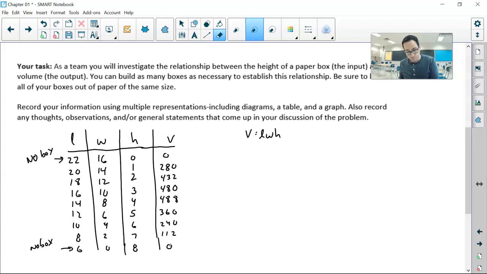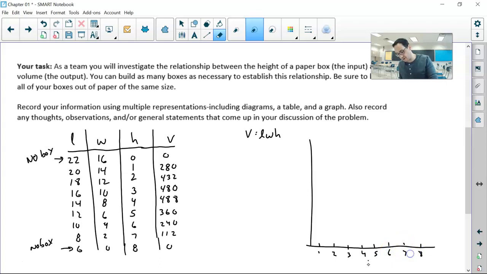Now, we could graph these. I'm just going to draw a quick graph, and you can see what's going to happen as our heights, 1, 2, 3, 4, 5, 6, 7, 8, that's our height, and our volume over here.